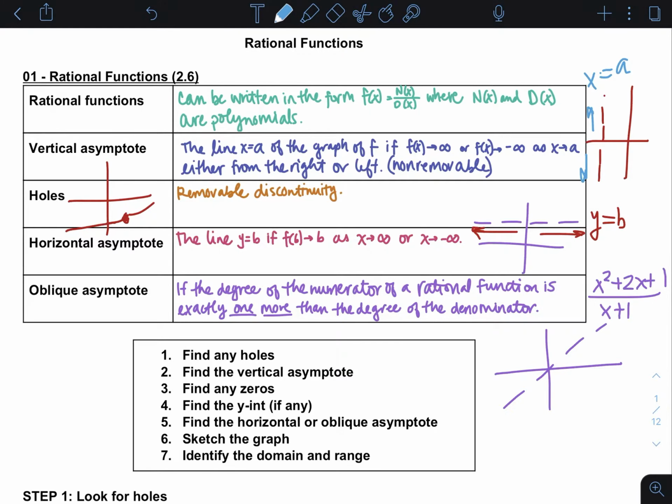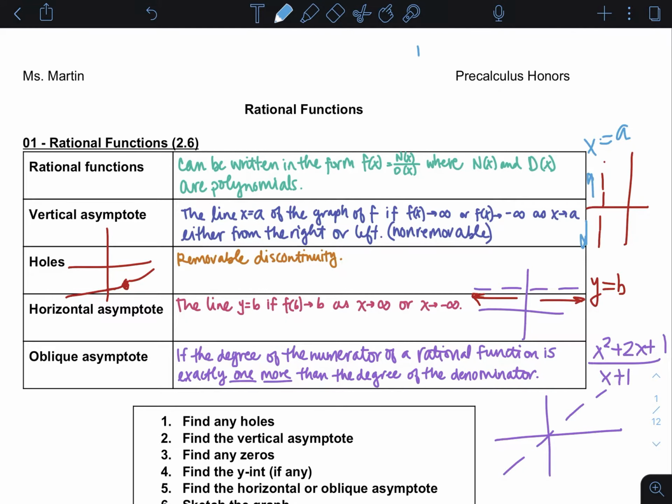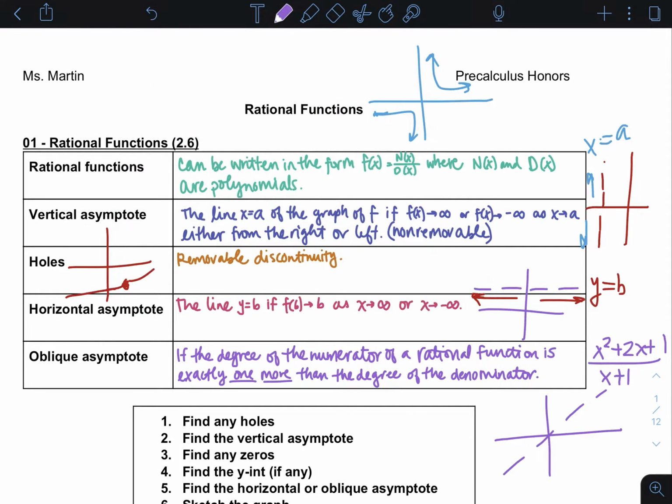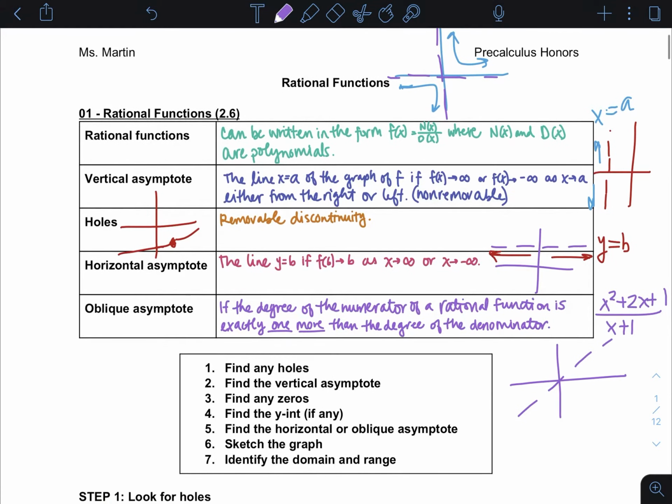So those are our different asymptotes, our different discontinuities, because those are creating discontinuities in a rational function, one example being something like this. This is a discontinuous function because in order to graph it, I had to pick up my pencil to draw the different pieces. That's because it has two asymptotes there. So that's one example of a rational function. We're going to see dozens and dozens more as we go through this unit.